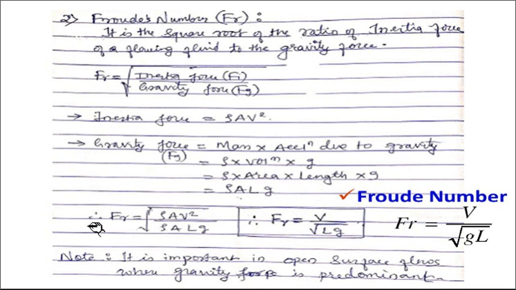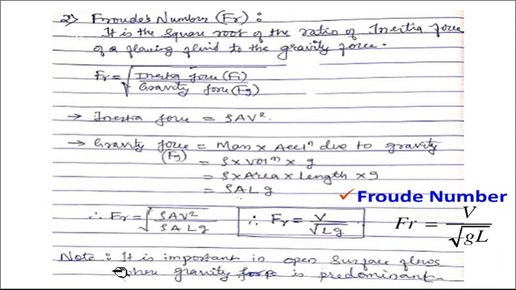Therefore Froude's number is equal to the root of rho a v square as the inertia force divided by rho a l g as the gravity force. Then simplify this, rho a cancels out. So Froude number is equal to, taking the root, capital V upon root of L into g, or capital V upon root of gL.